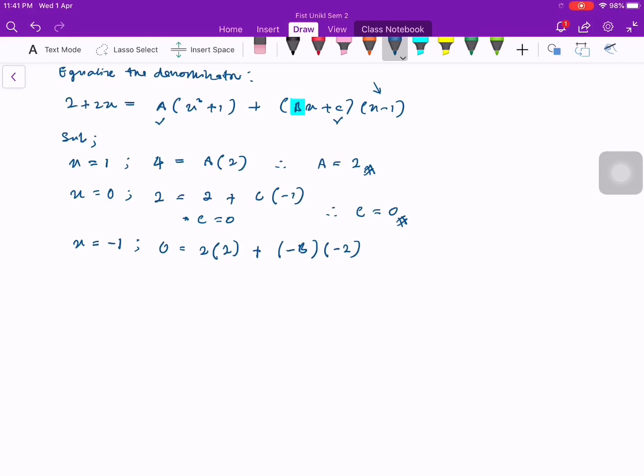So here after simplify, 2 times 2 is 4, so we have minus 4 is equals to 2B. So therefore we are going to have B is equals to minus 2.